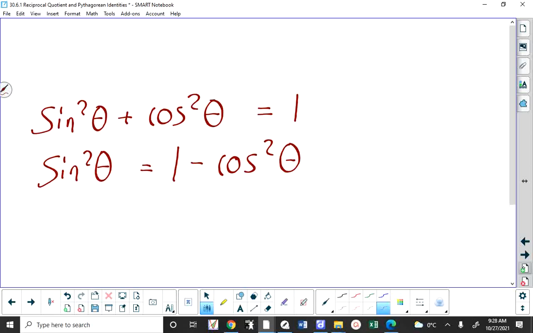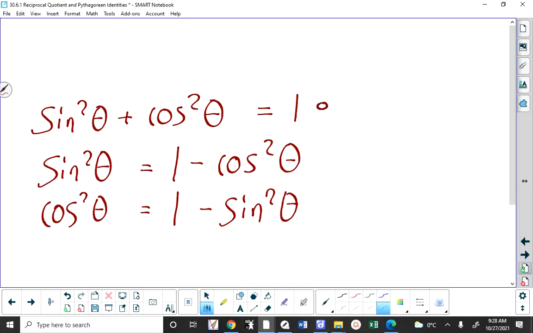Similarly, if you're working on something and you see 1 minus sine squared, all I'm doing is taking this identity which is on your formula sheet and subtracting sine squared for the bottom line. I get that. Now, this doesn't apply directly because we don't see 1 minus sine squared in this question.